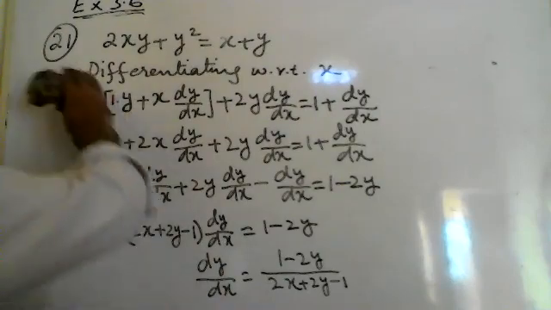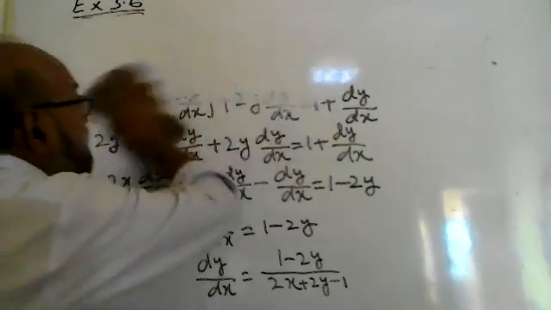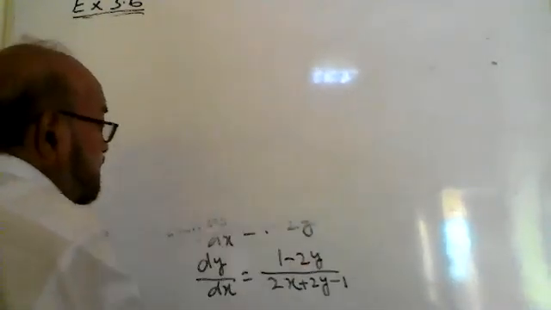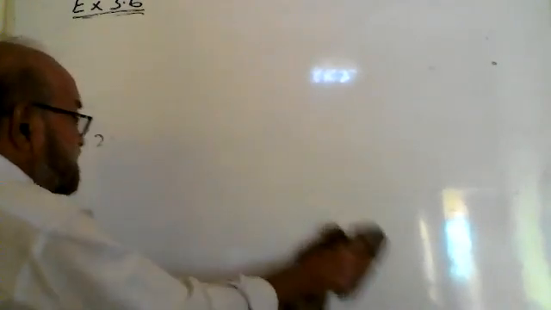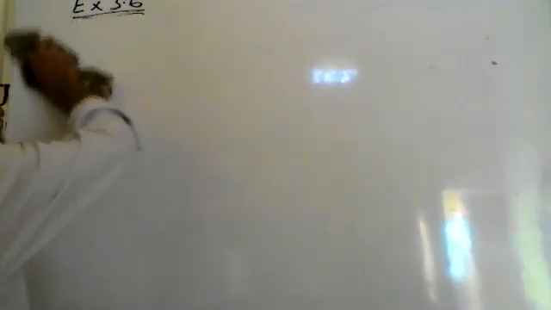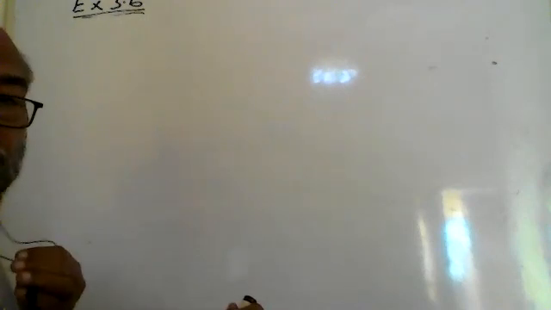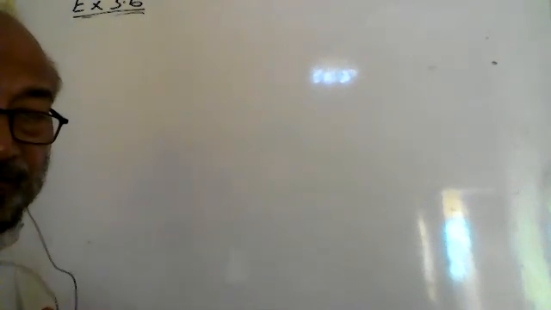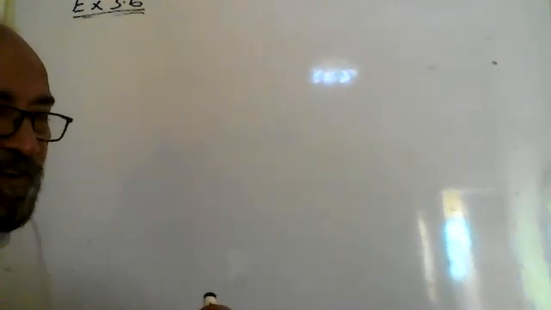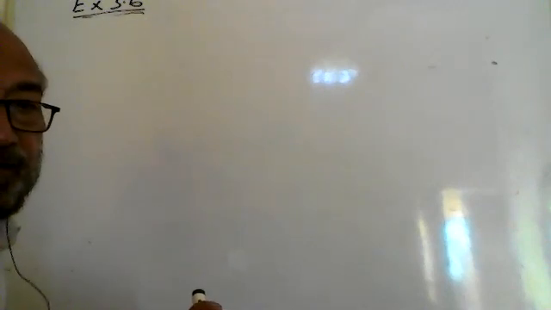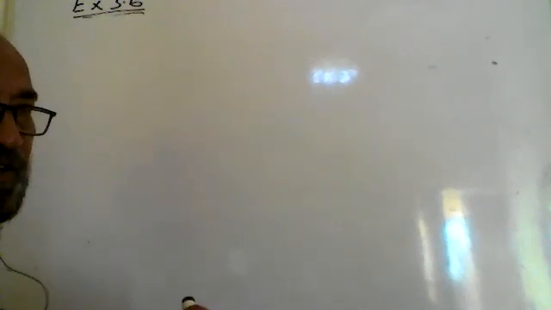Remember that the equation of the tangent and normal can be found when x1 and y1 are given. Otherwise, we cannot find it if only the equation of the curve is given. If the point x1, y1 is not given, we will not be able to find the slope. We can find the derivative, but we can't find the slope.